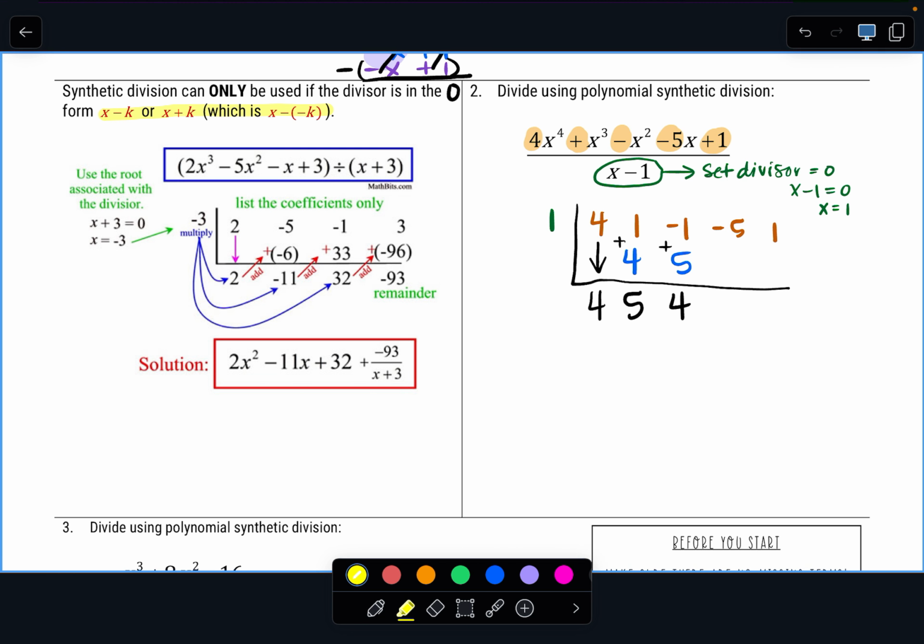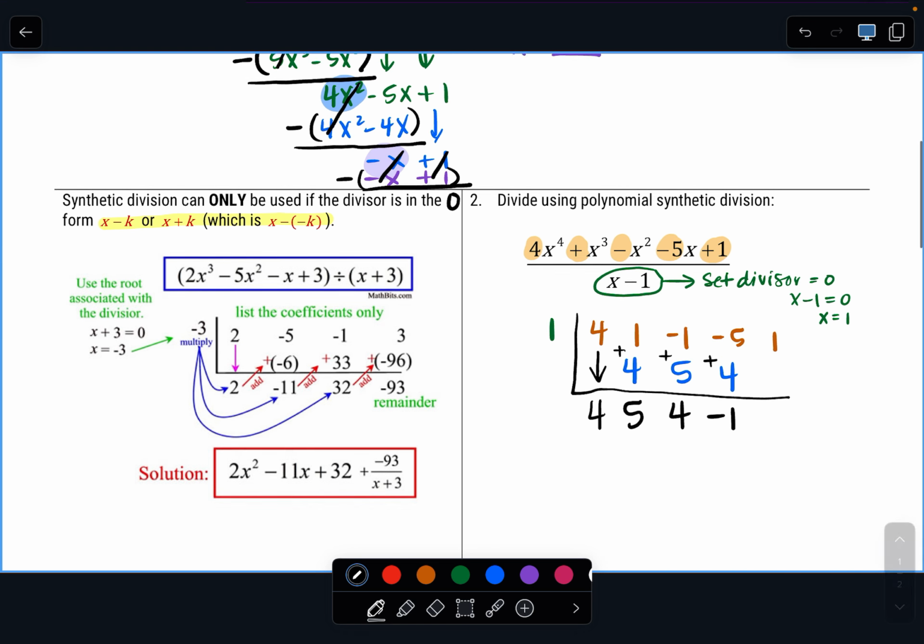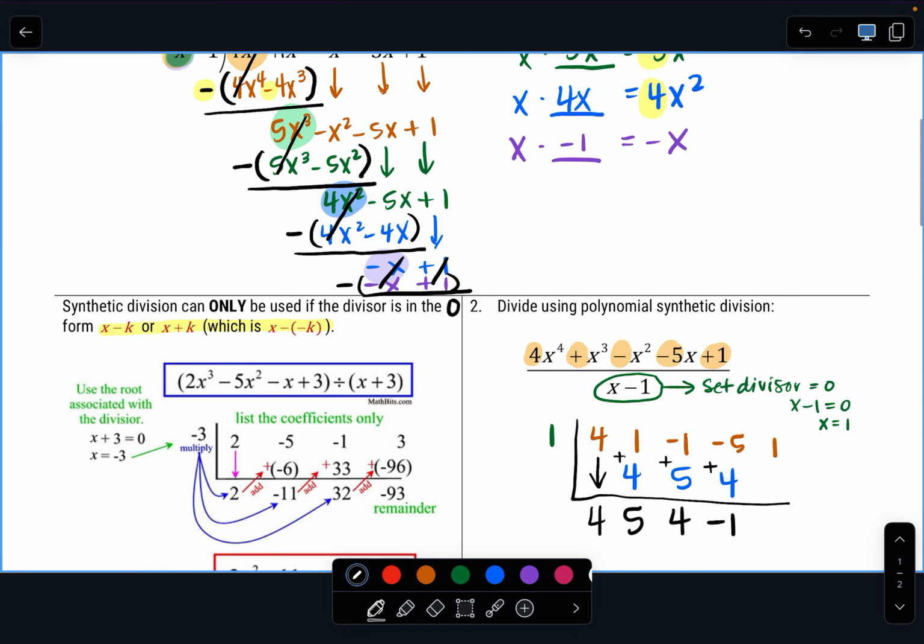So let's go again. I'm going to take the number 1, multiply it by 4, and write it underneath the next value. So 1 times 4 is 4. I'm going to add. What's negative 5 plus 4? Negative 1. Okay, and if I look up at what I had before, the next number that I had to make was negative 1.